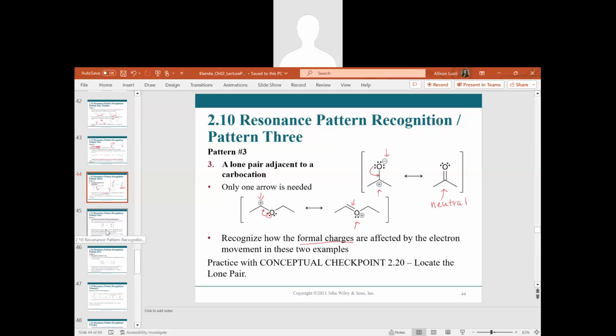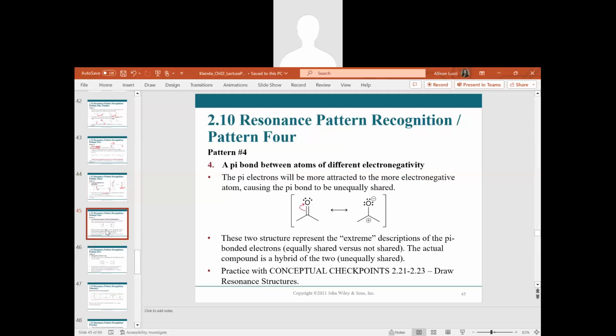They are retained. So our fourth pattern here is when we have a pi bond, so a double bond, the p orbital overlap between two atoms of differing electronegativity. So if we have a polar covalent bond, for example, between carbon and oxygen, we can move those electrons around.